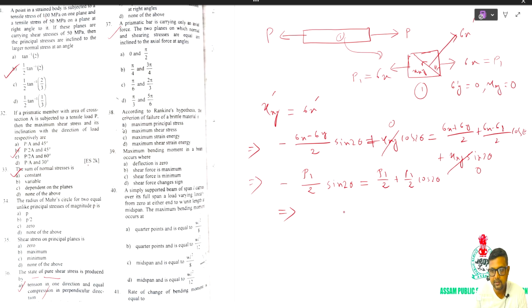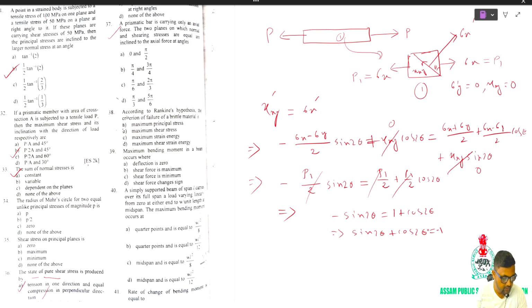Now if you solve this, cos minus sine twice theta is equal to 1 plus cos twice theta. So sine twice theta plus cos twice theta is equal to minus 1.